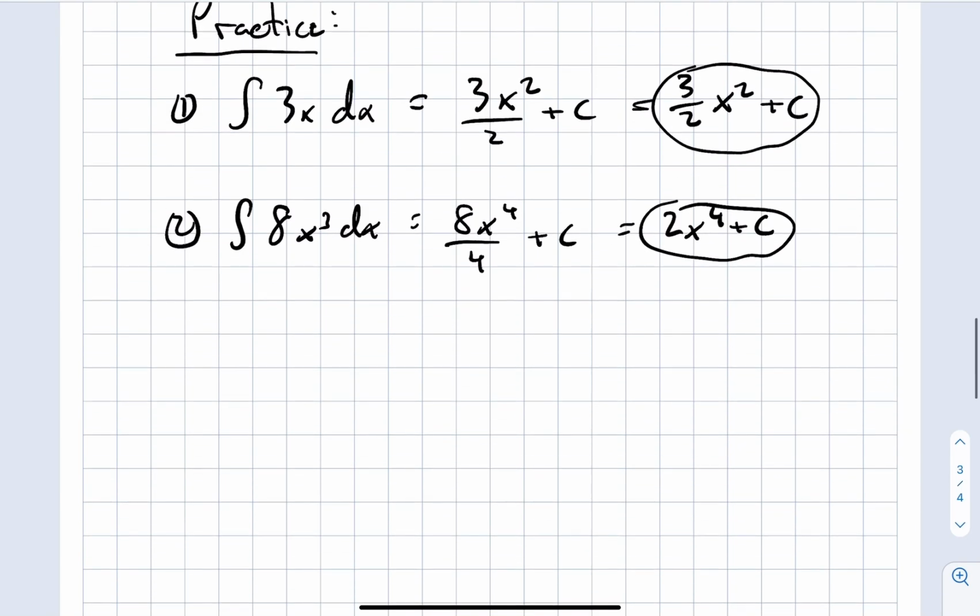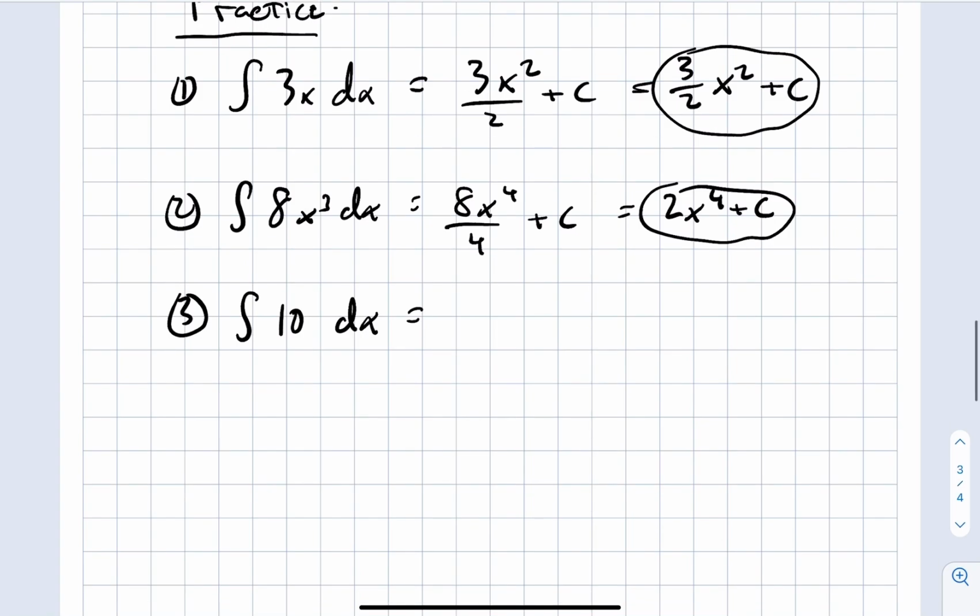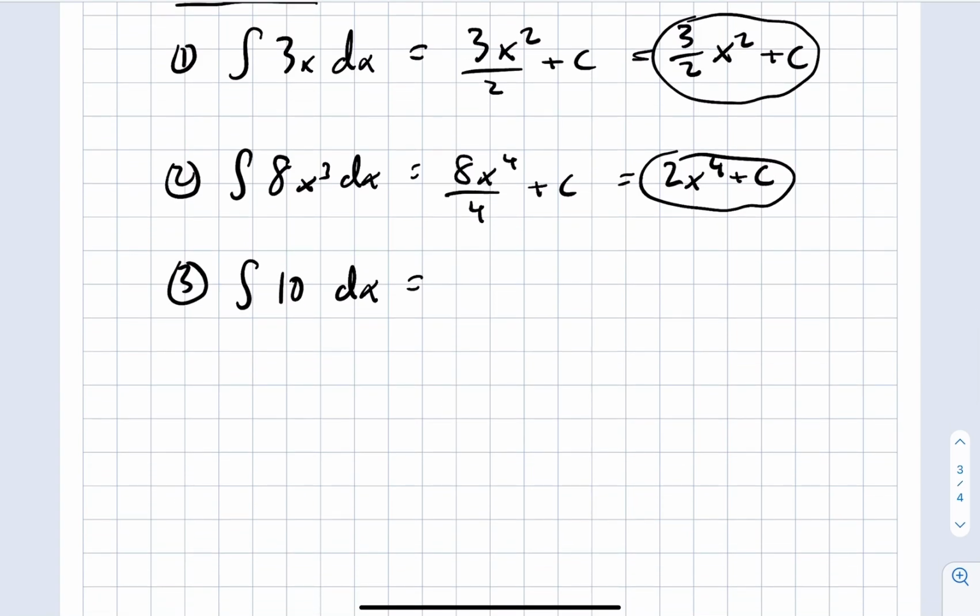Okay, we'll try two more. So in this case now, what if we see something like this? Well, on some of these examples it may help to rewrite. So for instance, we can think about this as 10x to the 0 power, right? If it's just a constant like that.